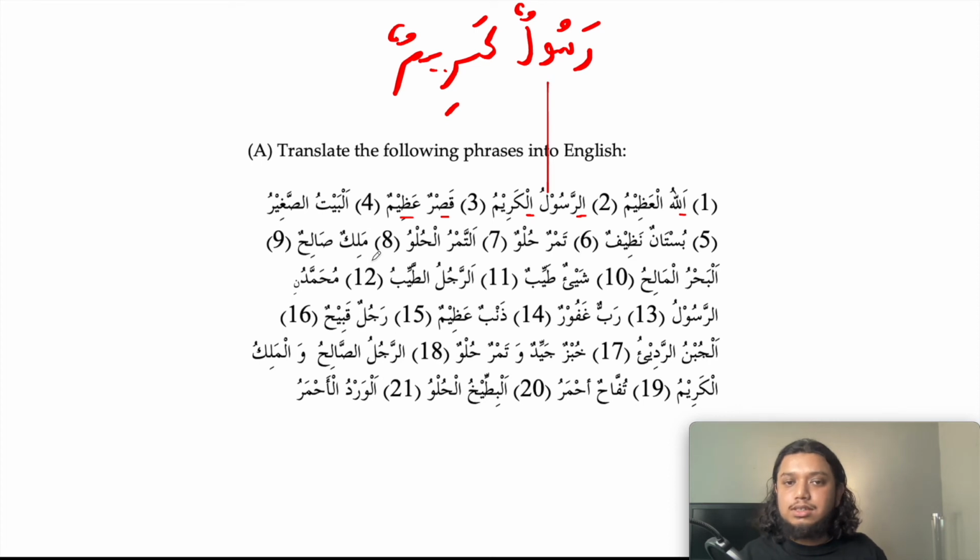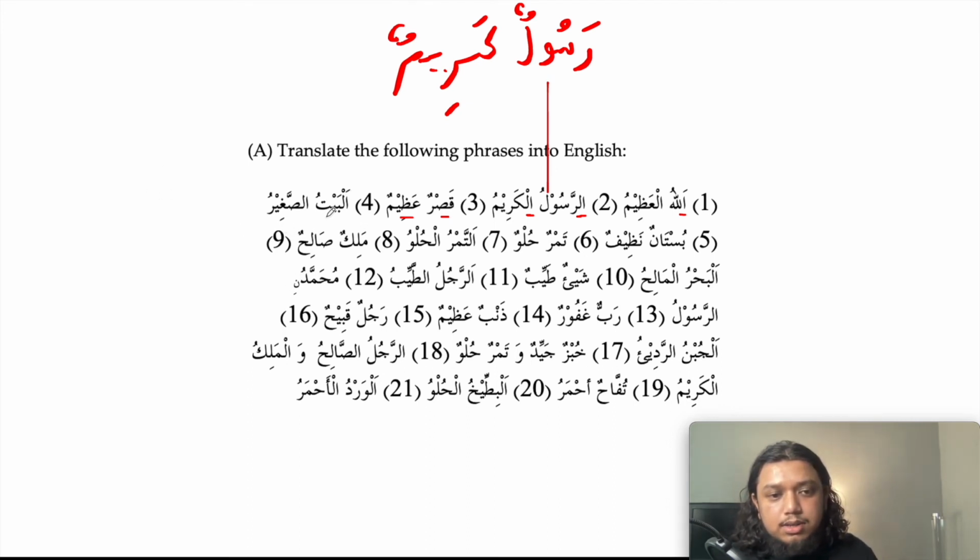It's not a complete sentence. We need more information in order to make it a complete sentence. Qasrun Azim, a great palace, is, in terms of being a sentence, incomplete, and that's why it's known as murakkab tawsifi. The adjectival phrase is a phrase for a reason, because it doesn't convey a complete meaning. It needs other words to convey complete meaning and become a complete sentence.